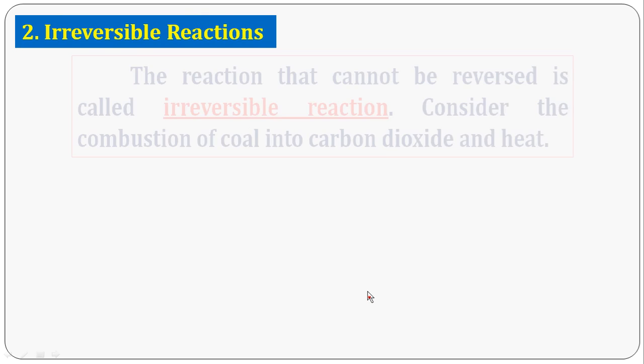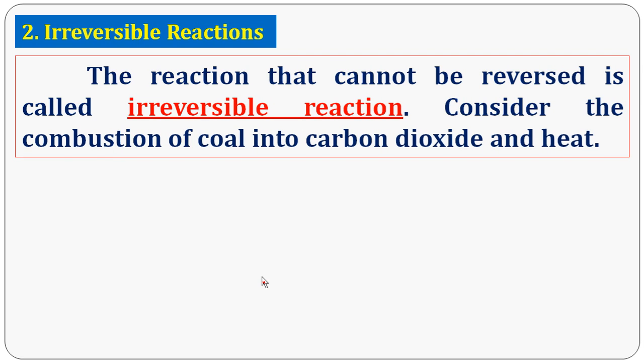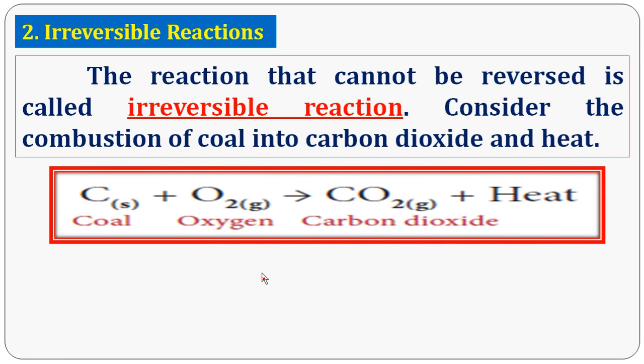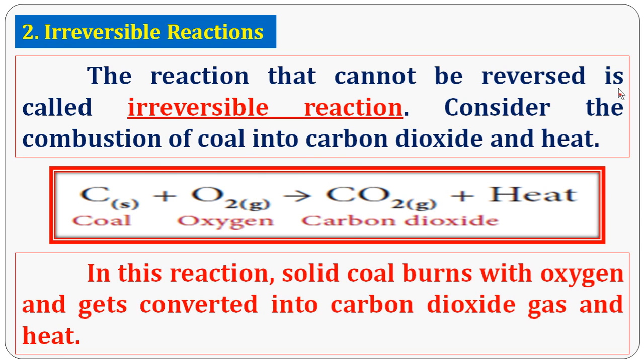The second type is irreversible reactions. The reaction that cannot be reversed is called an irreversible reaction. For example, consider the combustion of coal into carbon dioxide and heat. Coal combines with oxygen to form carbon dioxide and it produces heat.